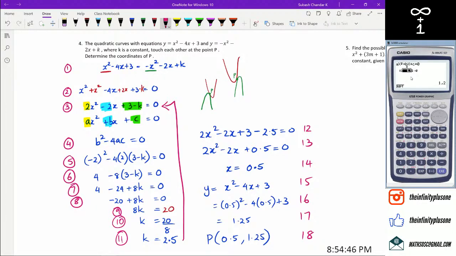Click enter, and it's going to tell me that it's 0.5. That little times 2 is telling me that it's a repeated solution. So that's how I get the 0.5 for line 14. From line 13 to line 14, I just used the graphics calculator.